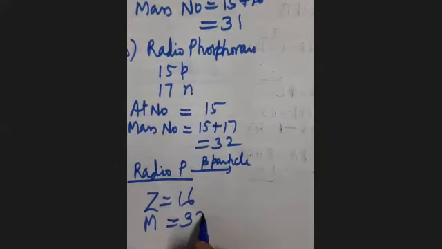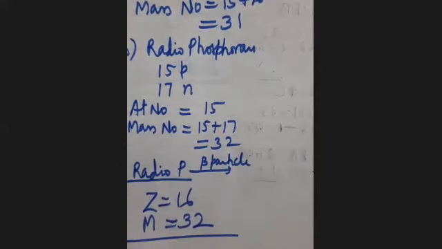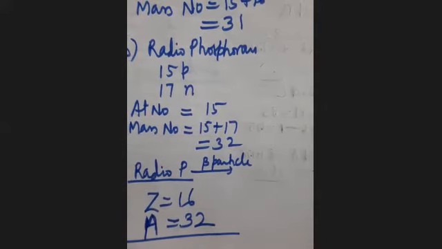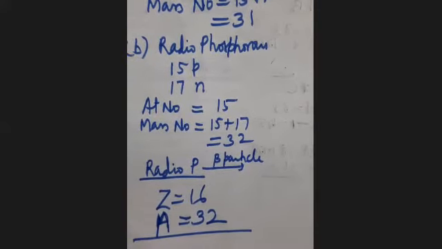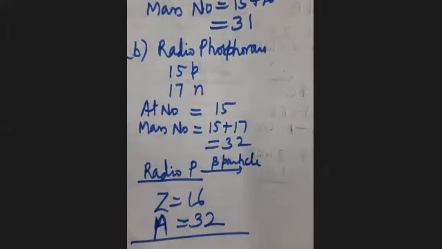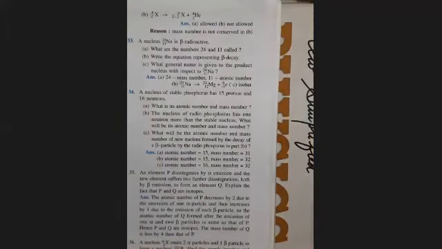Mass number will remain unchanged. Mass number is denoted by A. It will remain unchanged. Then question number 35. These questions you can do. These are not difficult. It's clear.